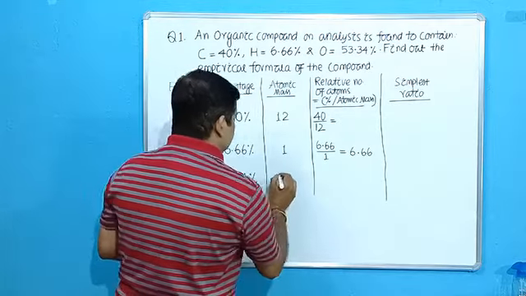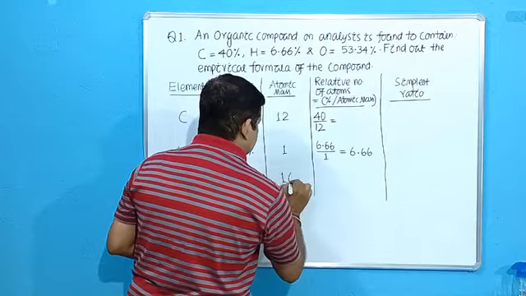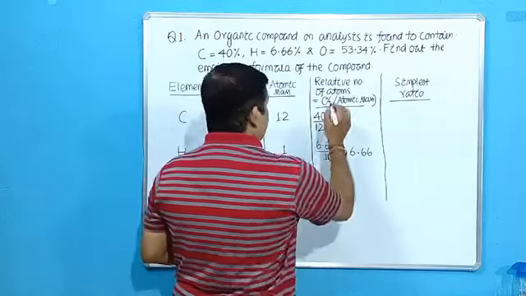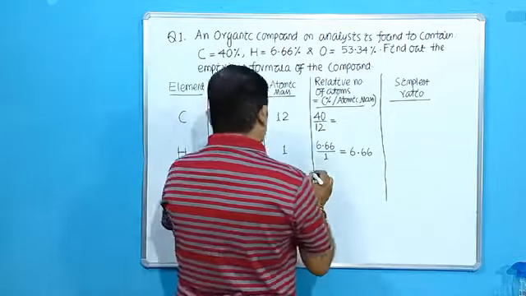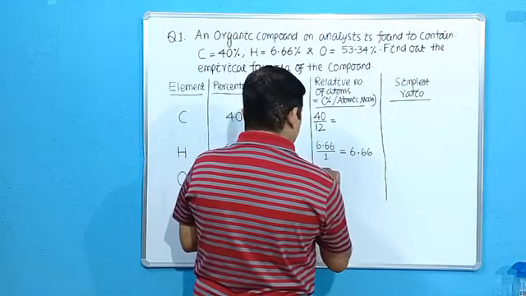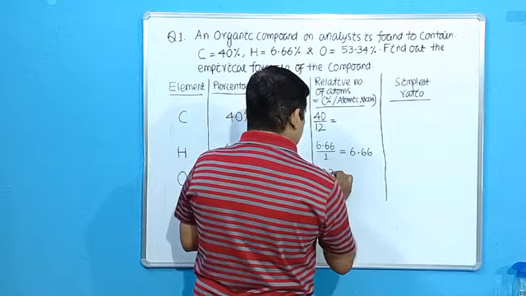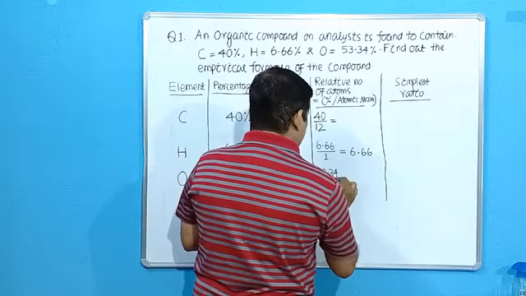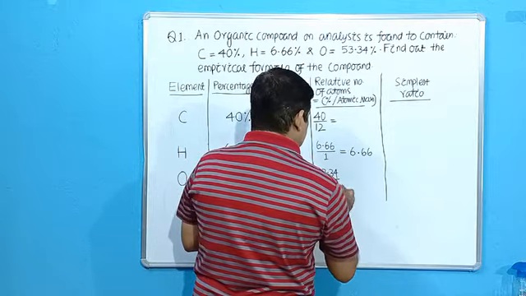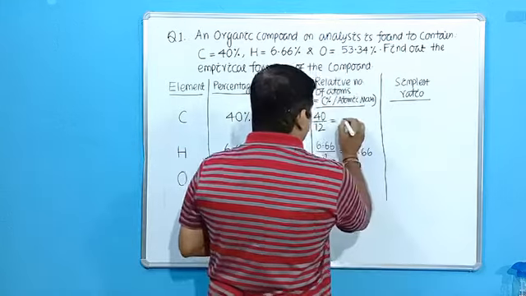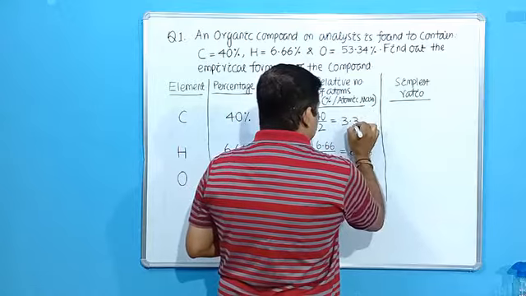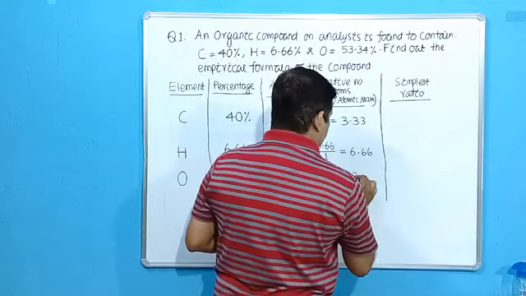Oxygen atomic mass is 16. So what will be the relative number of atoms? Now percentage divided by atomic mass, that is 53.34 divided by 16. Okay. So it will be 3.33.